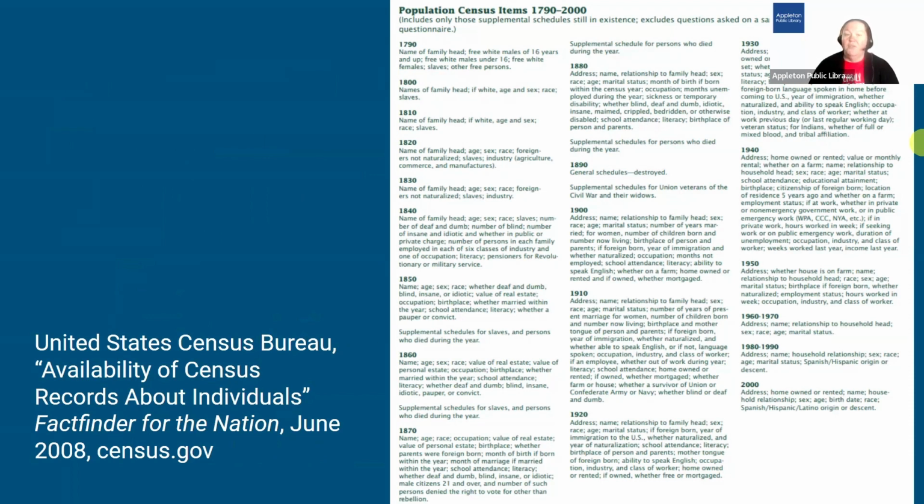It walks you through what was asked in the 1820 census and what was asked in 1900. You can see very few questions asked in the early censuses compared to the 1900 and 1910 censuses, and then they go back to asking fewer questions in the 1950 to 2000 time period.